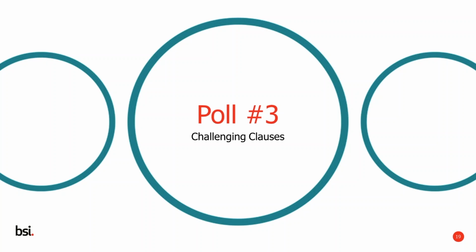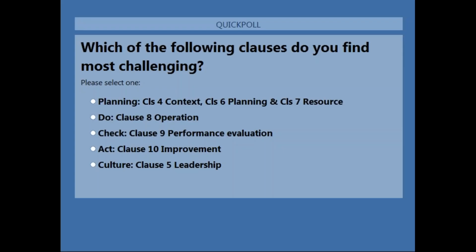Okay, so now we're going to run the next poll, which is, which of the following clauses do you find most challenging? And please select one. Let us know if you think planning, clause 4, context, clause 6, planning, and clause 7, resource, is the most challenging.